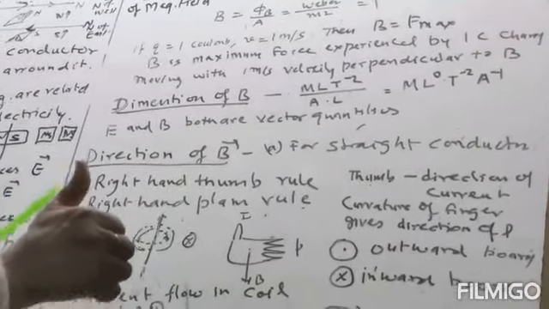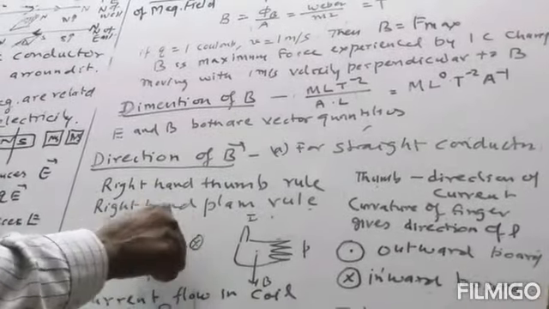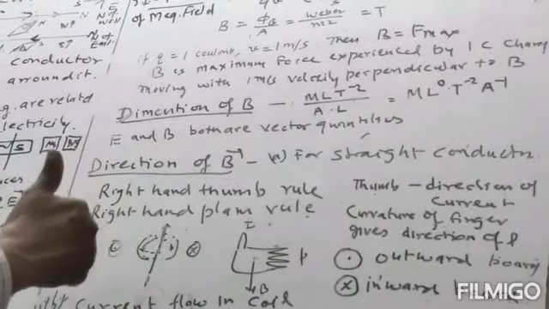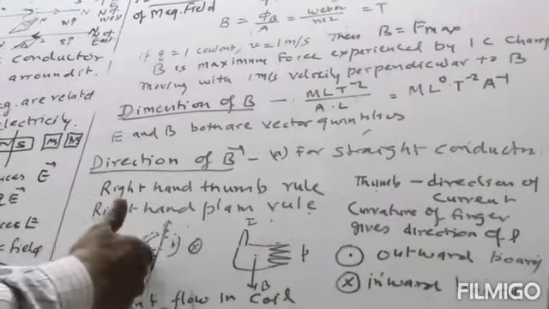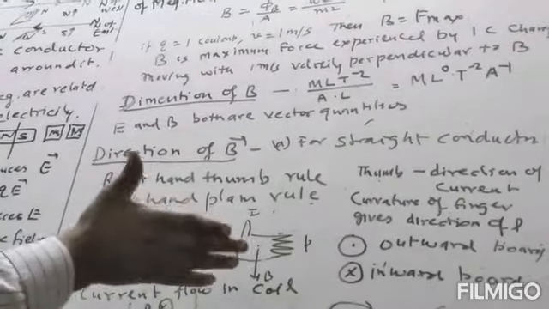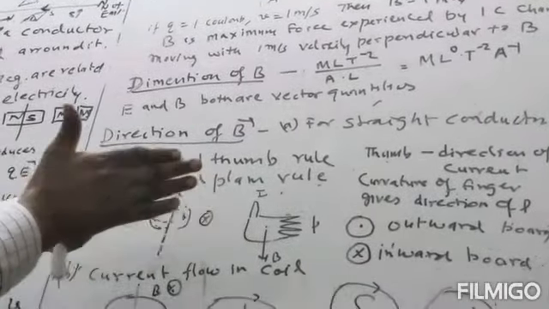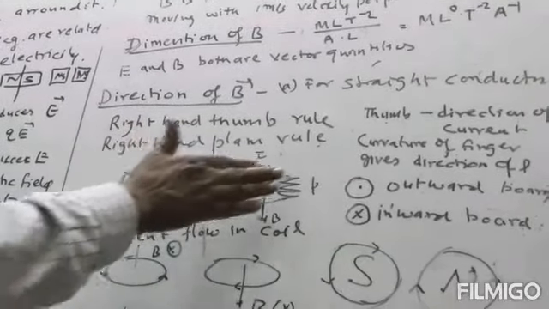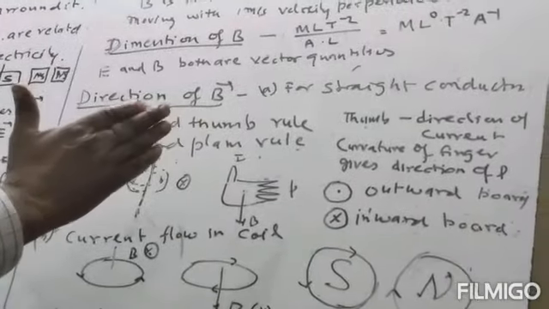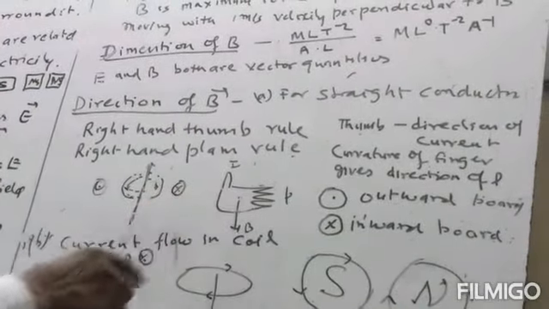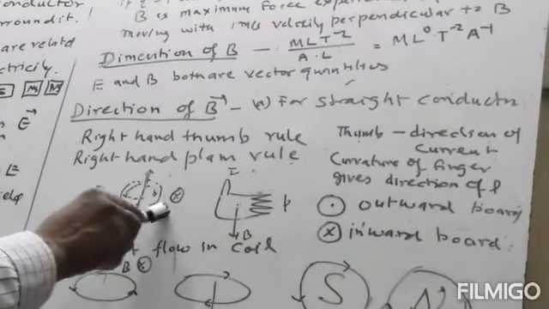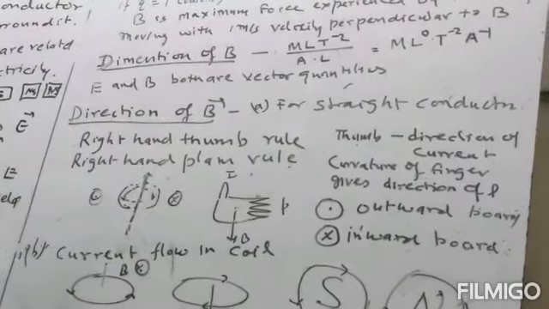If the thumb gives the direction of current, then the curvature of the fingers gives the direction of the magnetic field. So the magnetic field here will be in this direction, downward.